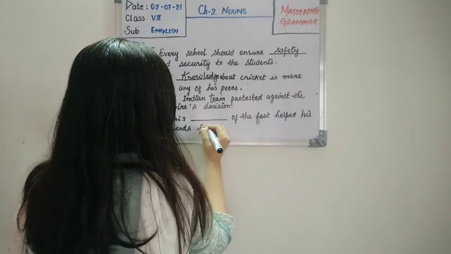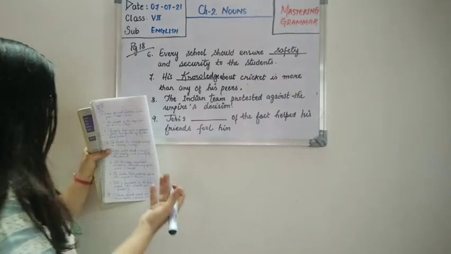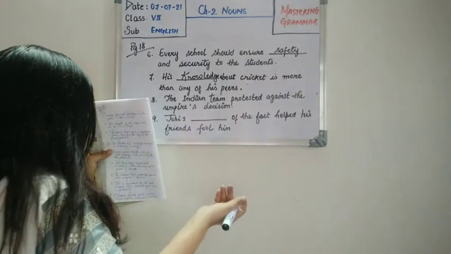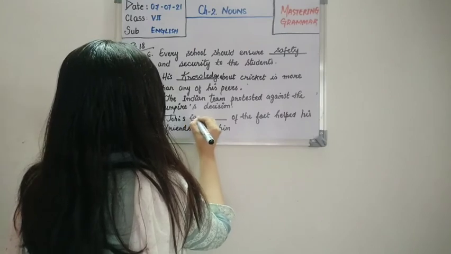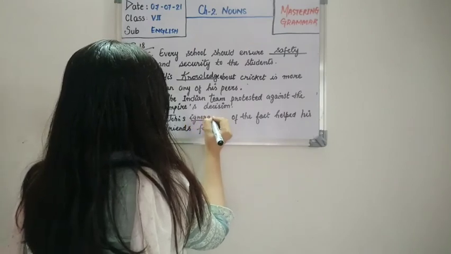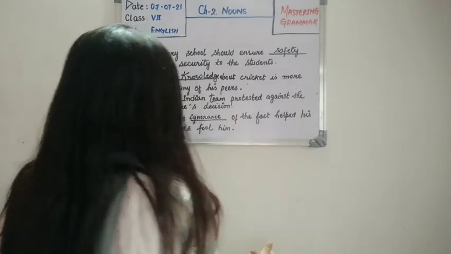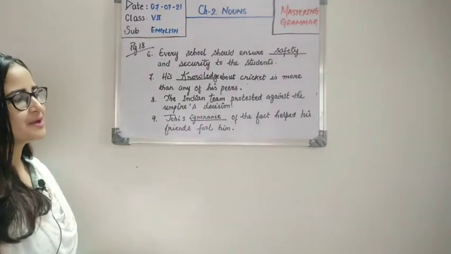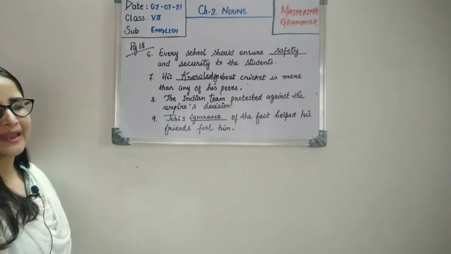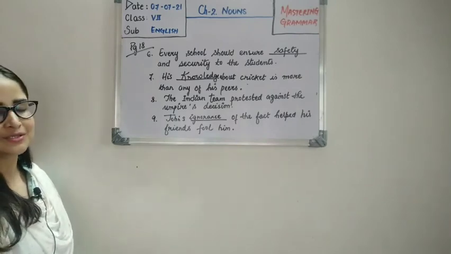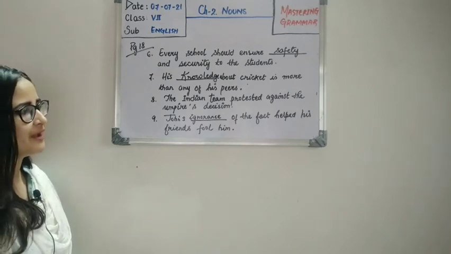So what do we need to do? We need to remove the T and add CE, ignorance. Ignorance here is an abstract noun. An ignorant person is the person who doesn't know the fact, who is not aware of the facts.